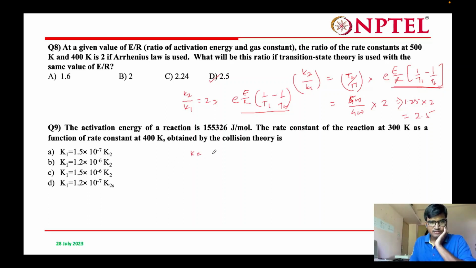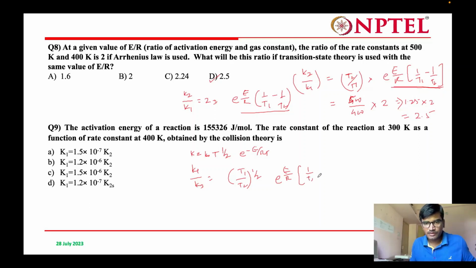K is equal to T to the 1 by 2 exponential, so K2 by K1 at temperatures T1, T2 is E by R into 1 by T2 minus 1 by T1.